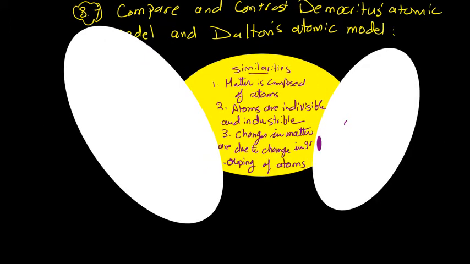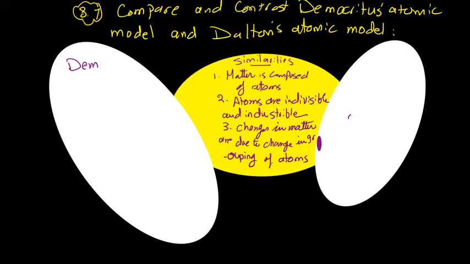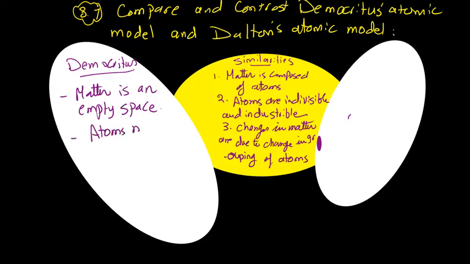While there are many differences between the models, Democritus stated that matter is composed of empty space. So matter is an empty space, just a space, nothing is there, while atoms move in the space as solid particles.